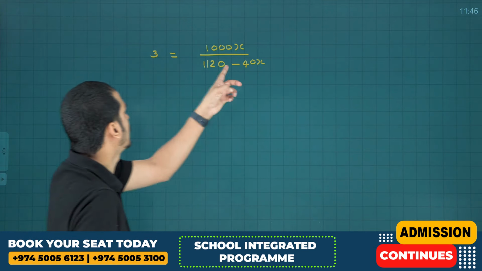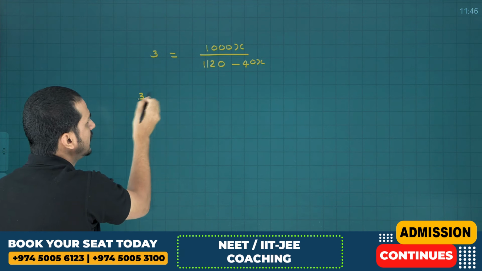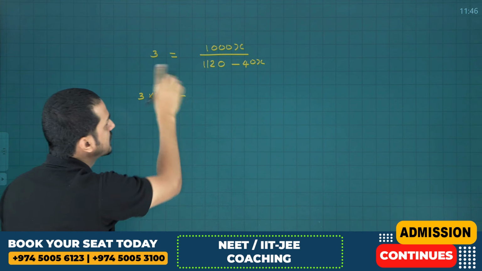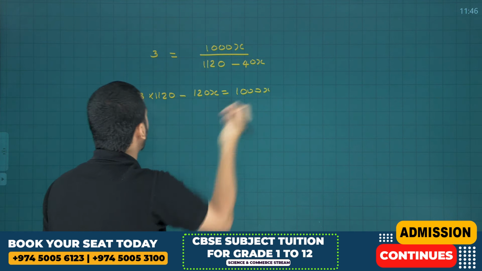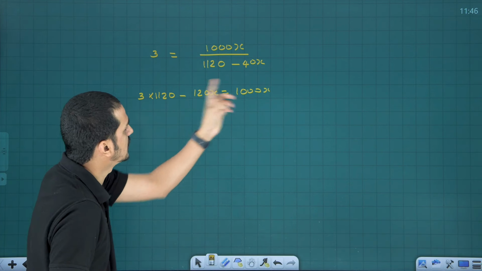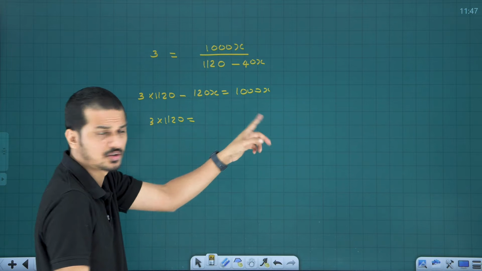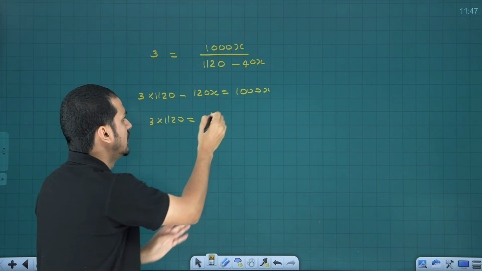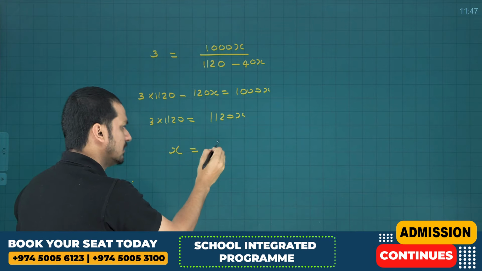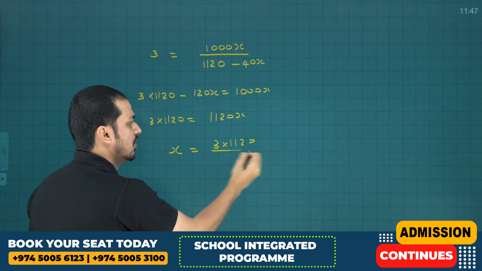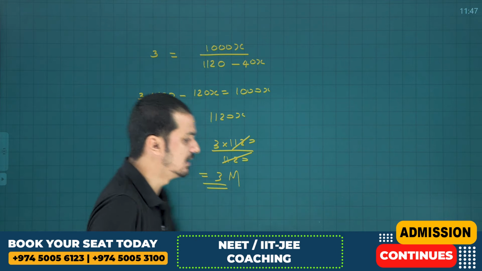Now what should I do? I will take this one to here and solve for x. If I multiply, 3 into 1120 minus 3 into 40x, that is 120x, equal to 1000x. So this one is going there. So 3 into 1120 equals 1120x. From that I will get x equal to 3 into 1120 divided by 1120. That I can cancel, and 3 I will get. So the answer is 3 molar.